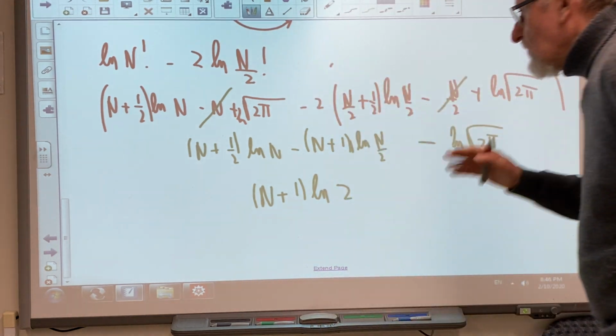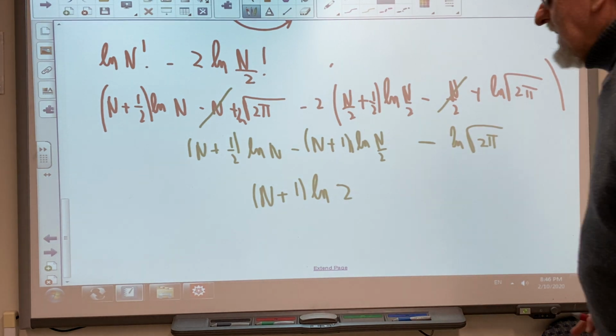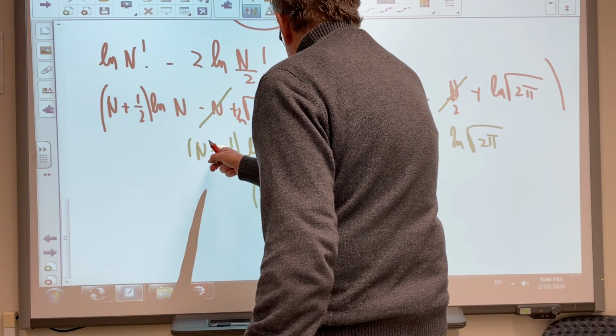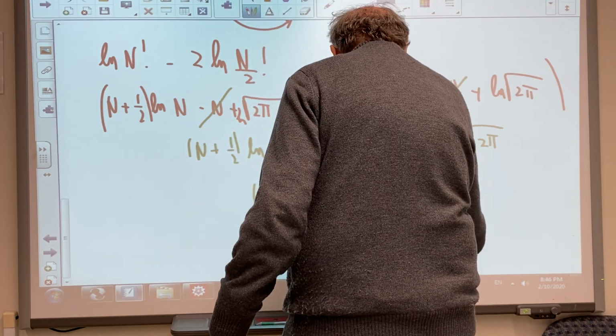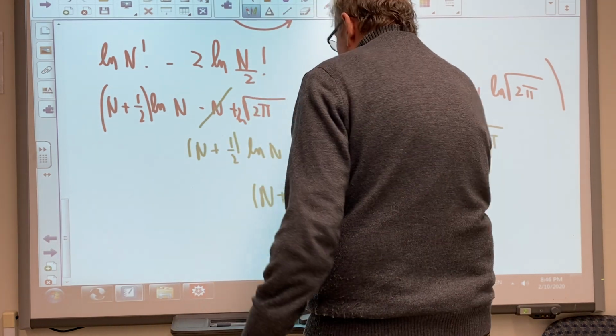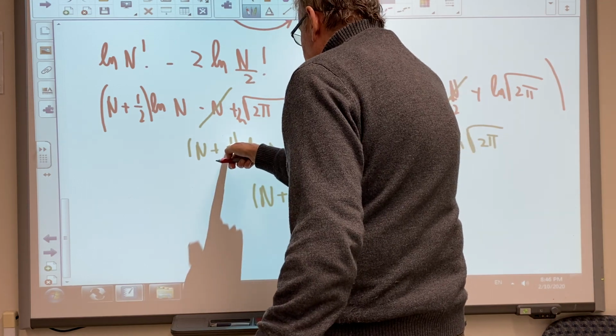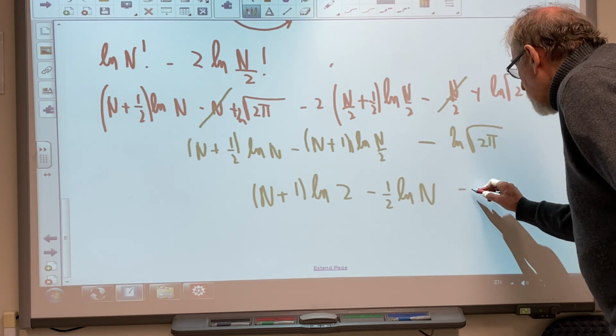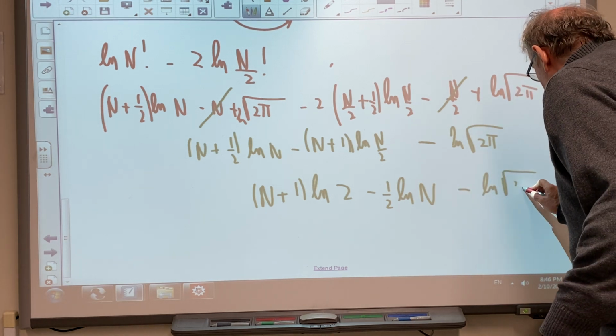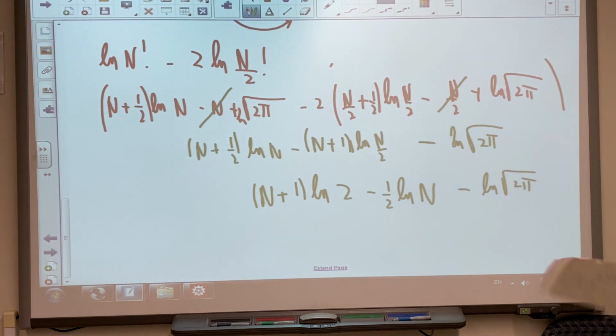I got rid of all the n's, and I have still, I put here n plus 1. So I have minus 1/2 ln n. This one I have left because I put n plus 1, I get minus 1/2 ln n minus ln square root of 2 pi. And so far, so good. No approximation.